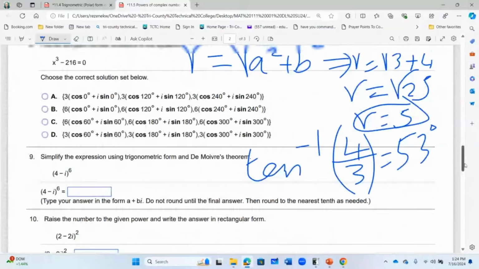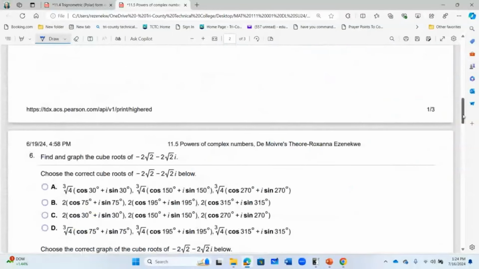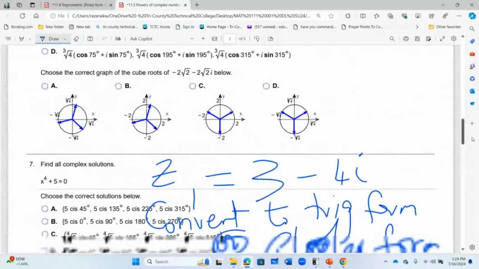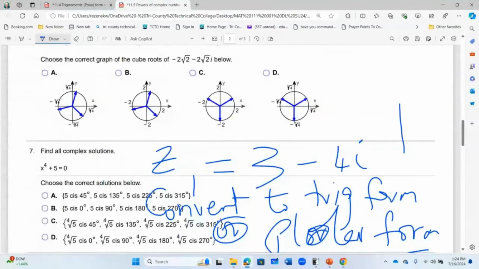The angle is in the fourth quadrant. How do I know that? Because if I plot this, I have the angle in the fourth quadrant. Therefore, I actually just found the reference angle.